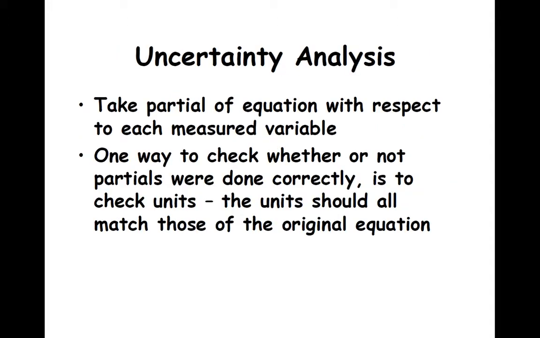In uncertainty analysis, you take the partial derivative of the equation with respect to each measurable value. You might refer to the course packet 3-3 when you take partial derivatives. It's easy to make mistakes in making partial derivatives, and one quick way to check if you have done it correctly is by checking the units. The units should all match those of the original equation.